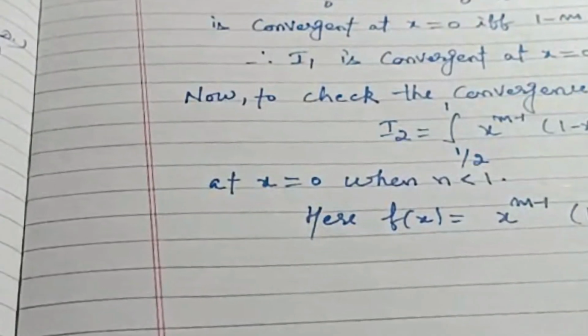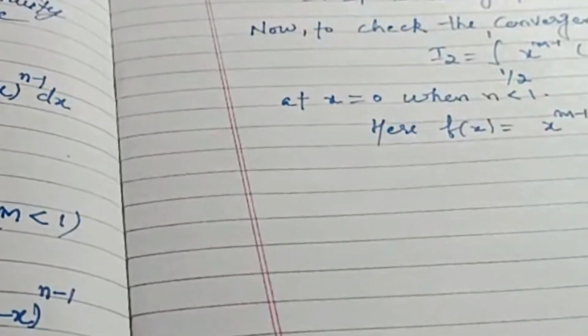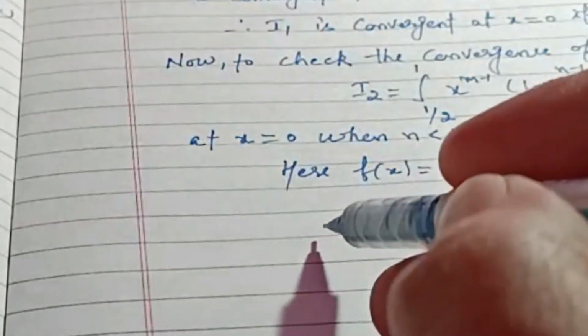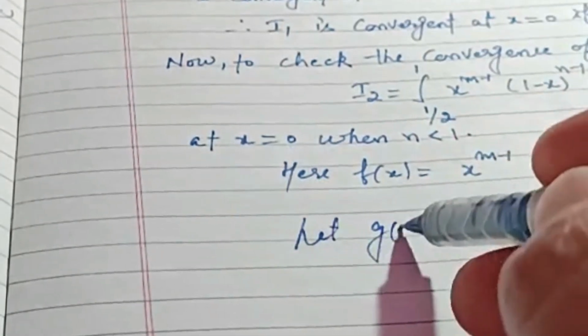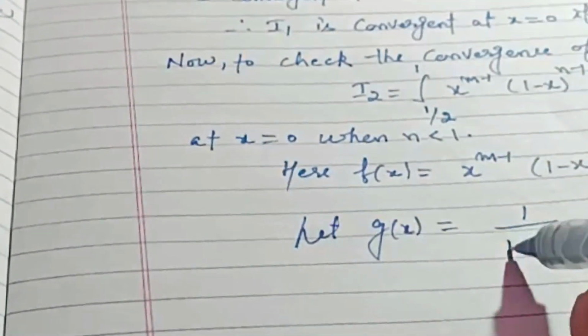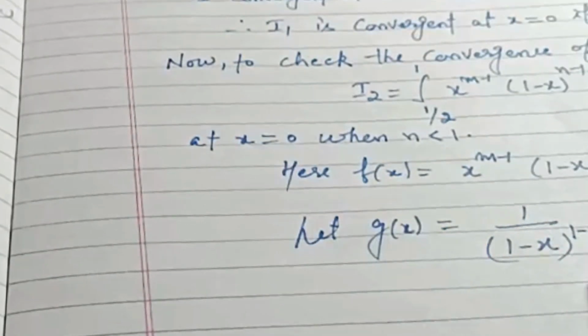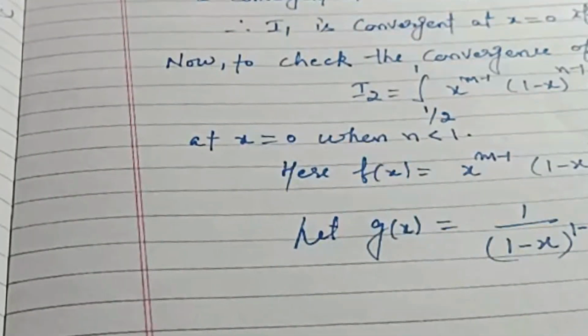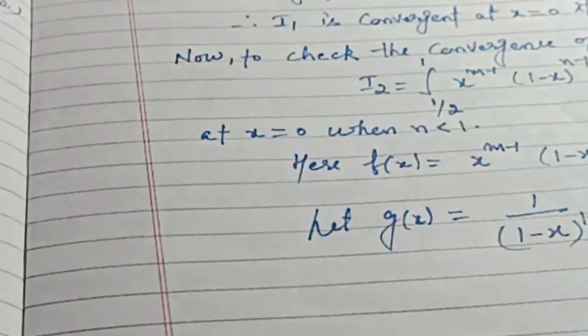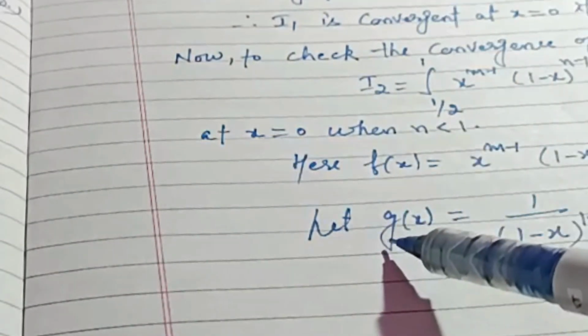So what we do now, let g(x) be equal to 1 upon 1 minus x to the power 1 minus n. So this is the g(x). We divide this f by g and again we take the limit.